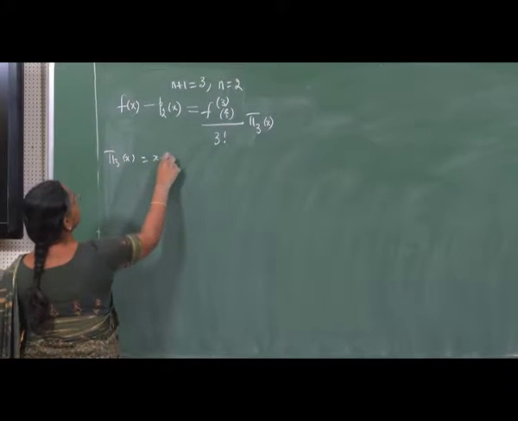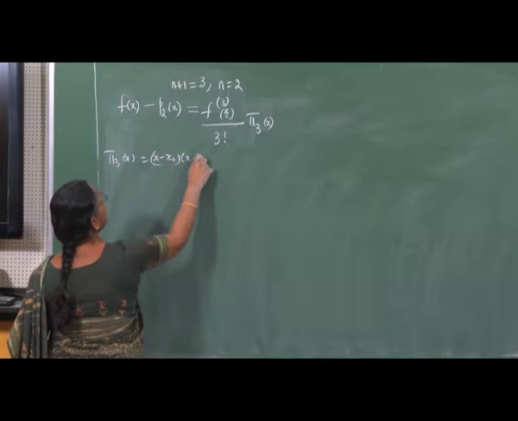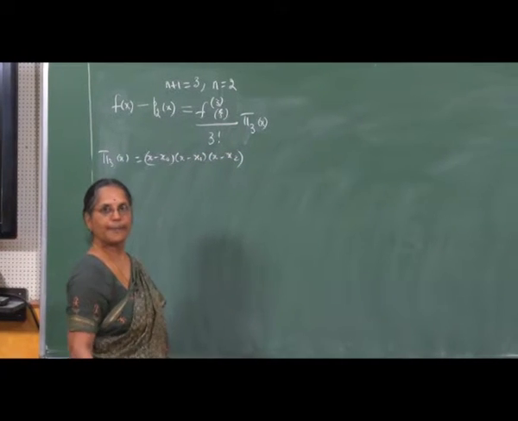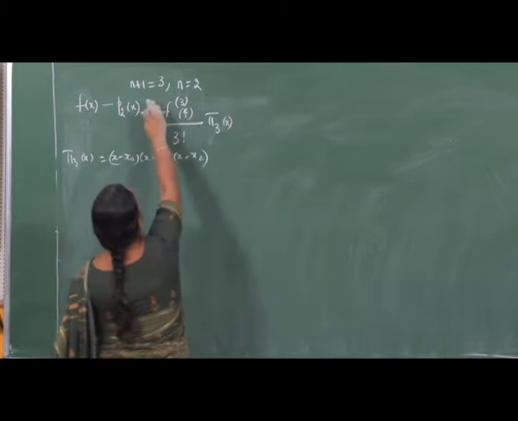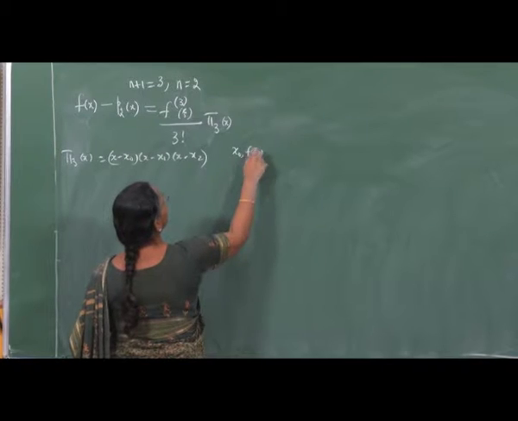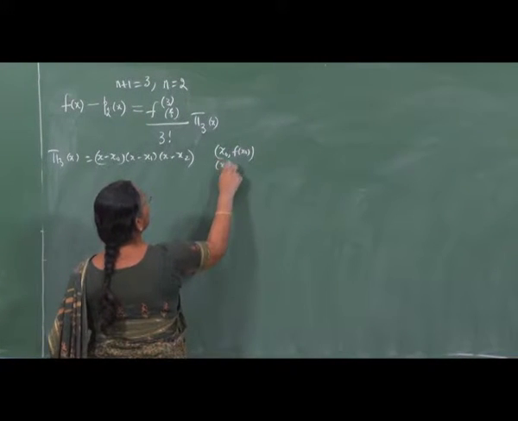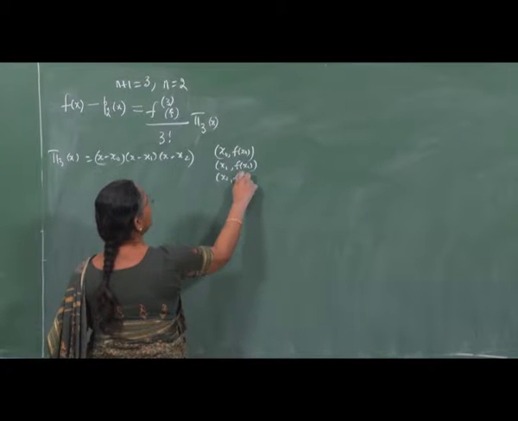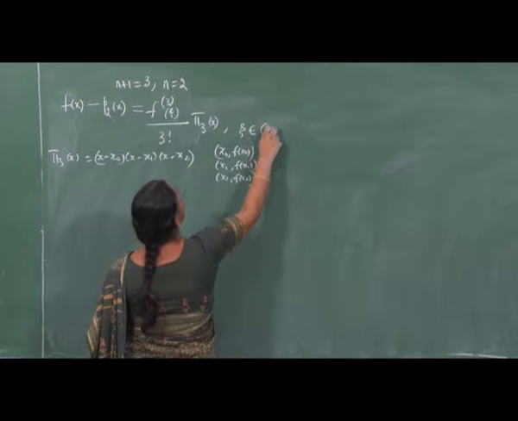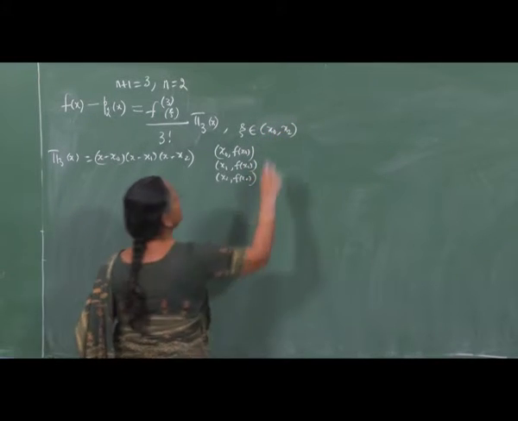It is x minus x naught into x minus x1 into x minus x2. So, information is given at x naught f of x naught, x1 f of x1 and x2 f of x2. So, this psi belongs to the interval x naught to x2.